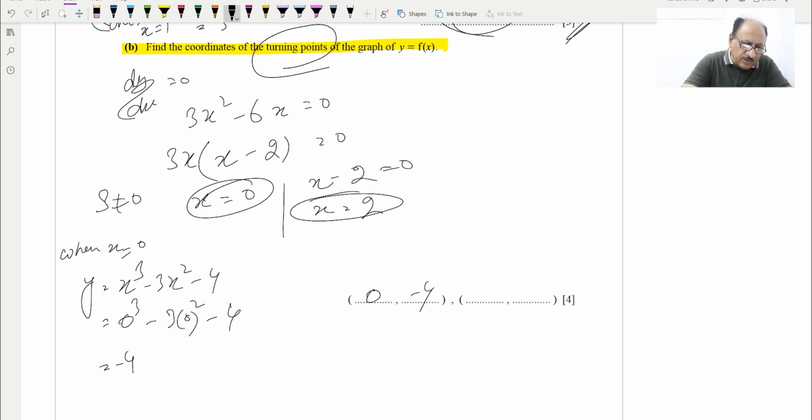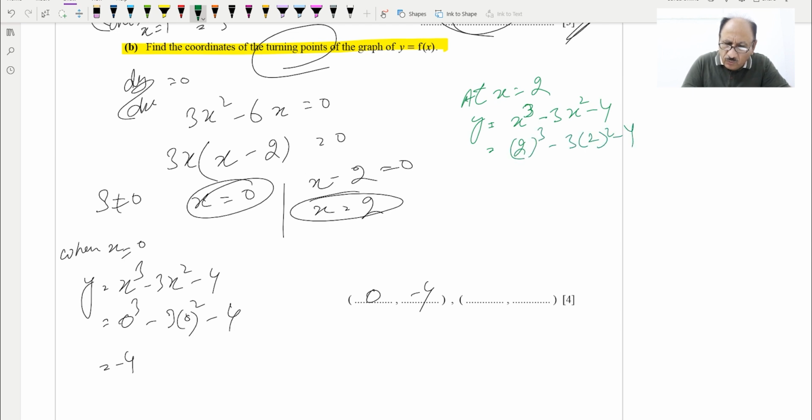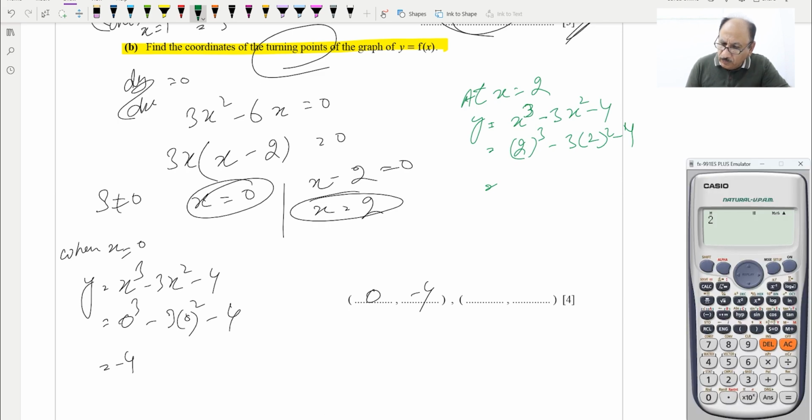And the second point, if we check when at x is equal to 2, y is equal to x cube minus 3x square minus 4, and we can replace 2 cube minus 3 into 2 square minus 4, and we can calculate 2 cube and minus 3 into 2 square and minus 4, and this is equal to minus 8.